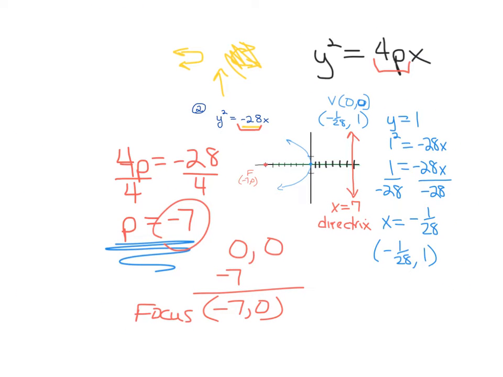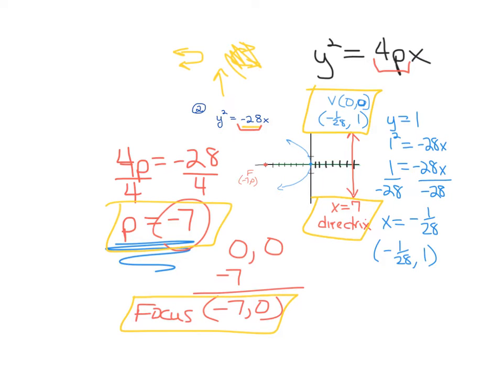That's the information I need to see. I need the directrix equation, the focus point, the vertex, and one additional point that you graphed. I think in the homework they may ask you to find the p-value, but you need that p-value to find the focus and the directrix.